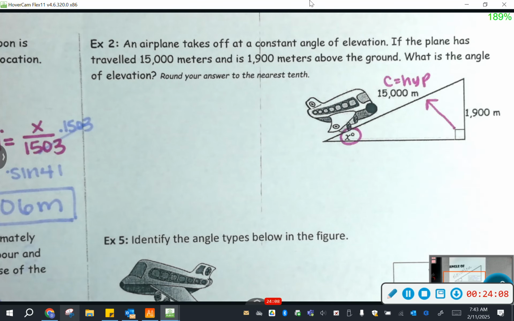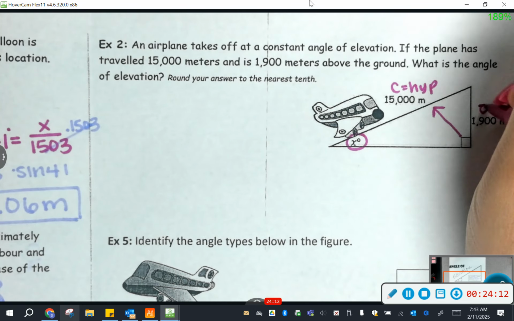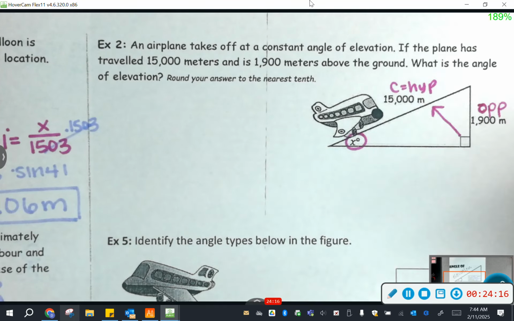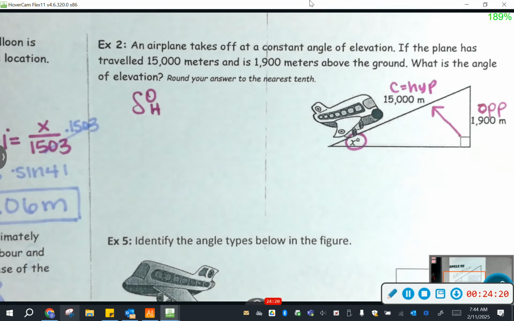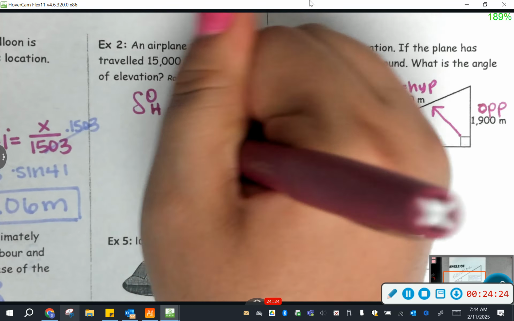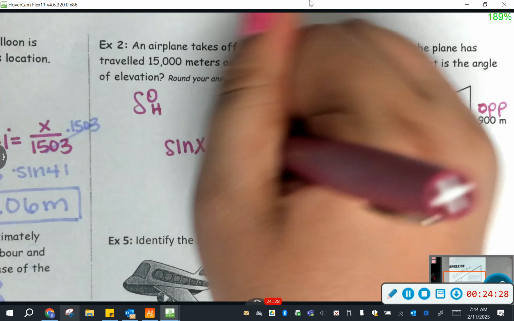Which trig function did y'all use? Sine. Do y'all agree we have opposite and hypotenuse? You should be using sine. So you do the inverse.